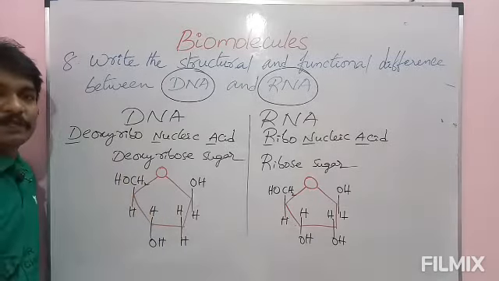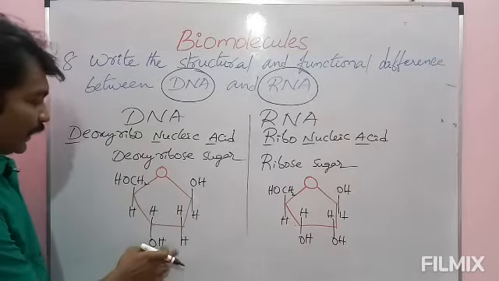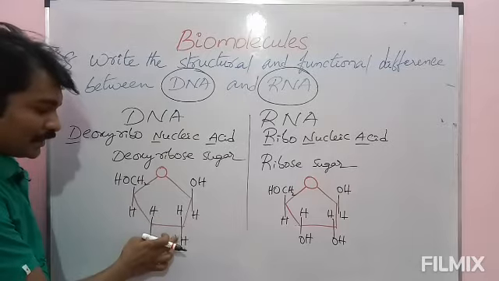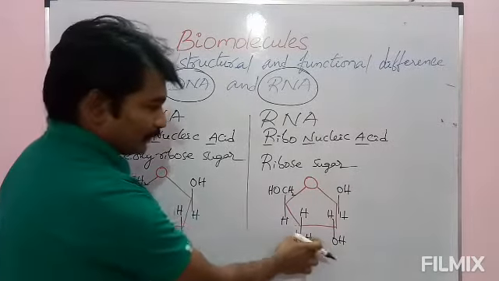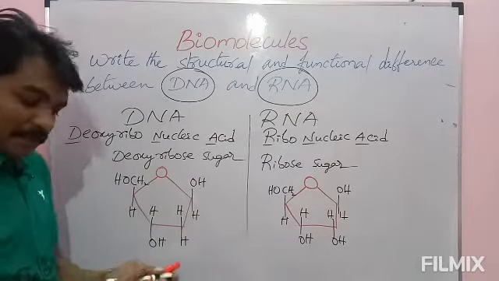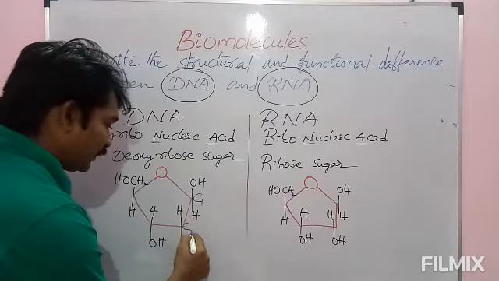Did you observe any difference between these two things? See here, in deoxyribose, oxygen is missing at the second carbon, second position. Here oxygen is there, here not there. Remaining structure as it is. It is C1, it is C2.